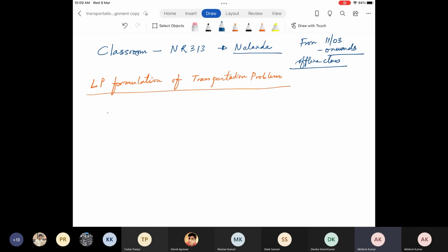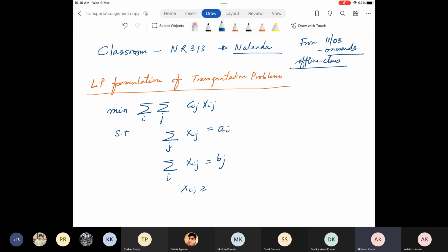We already have formulated it: minimize summation over i and j of Cij Xij such that summation over j of Xij equals Ai and summation over i of Xij equals Bj. Good so far, and all Xij are greater than or equal to 0.